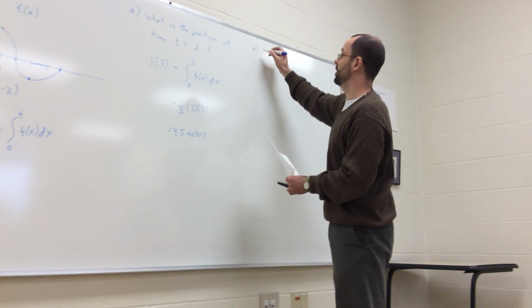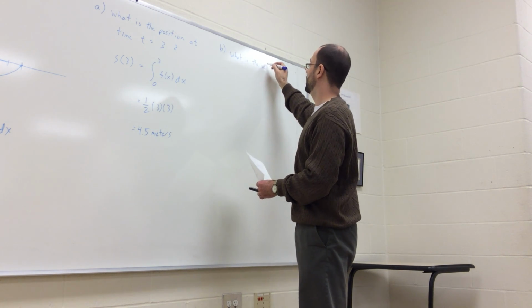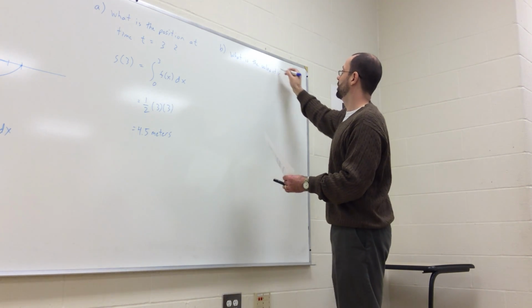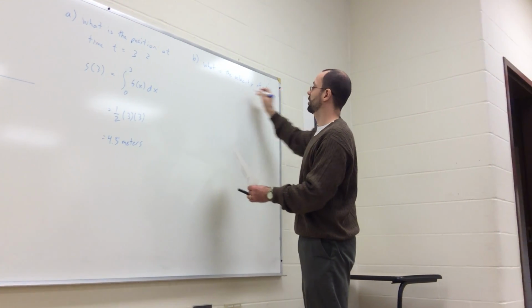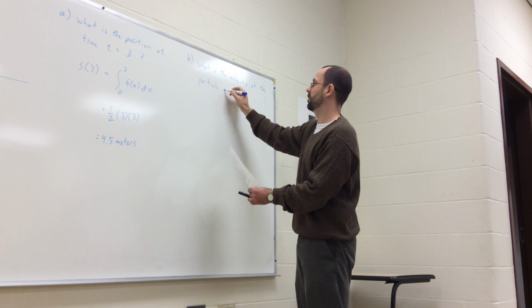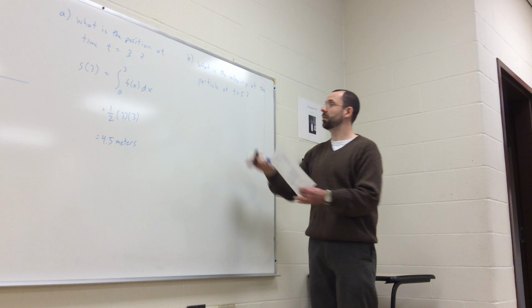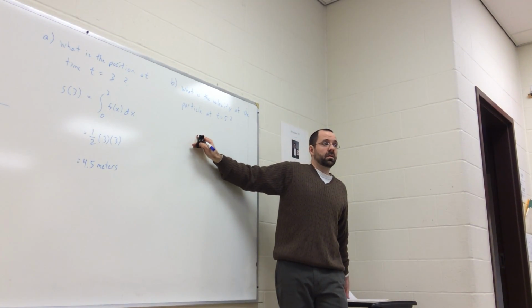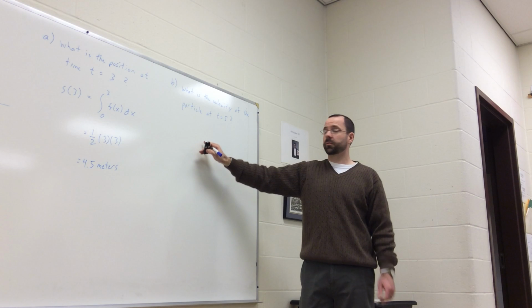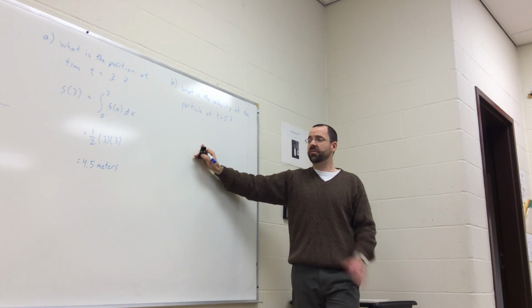Okay? Part B is, what is the velocity of the particle at t equal 5? So I have the position function.